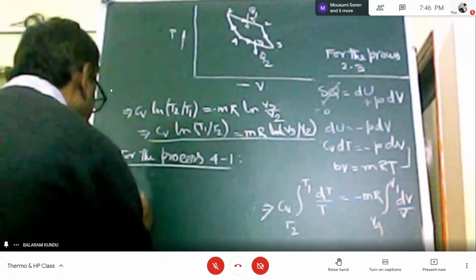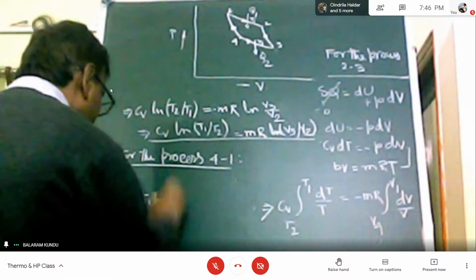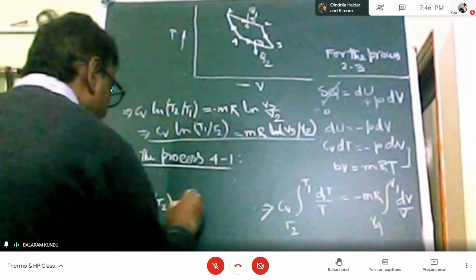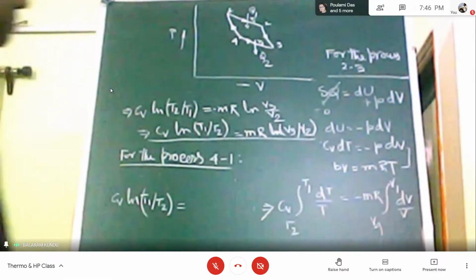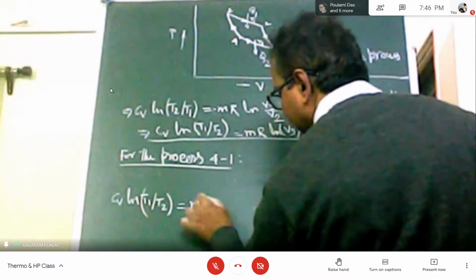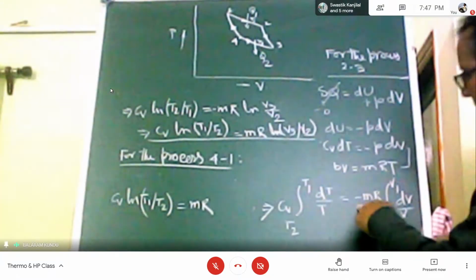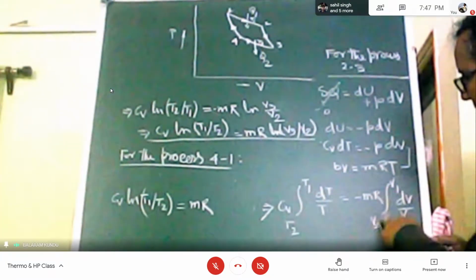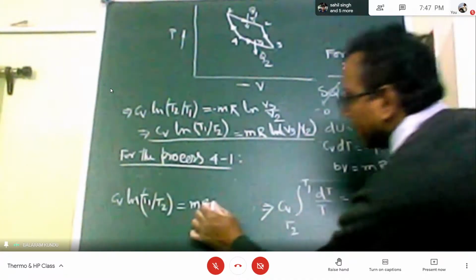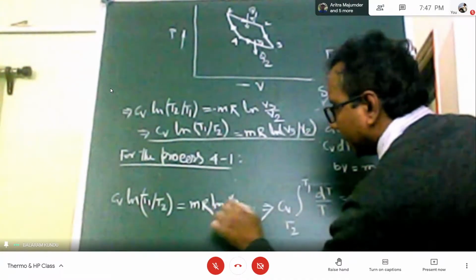So Cv ln T1 by T2 should be equal to nR, and the negative symbol is there, so we can get this ln V4 by V1.